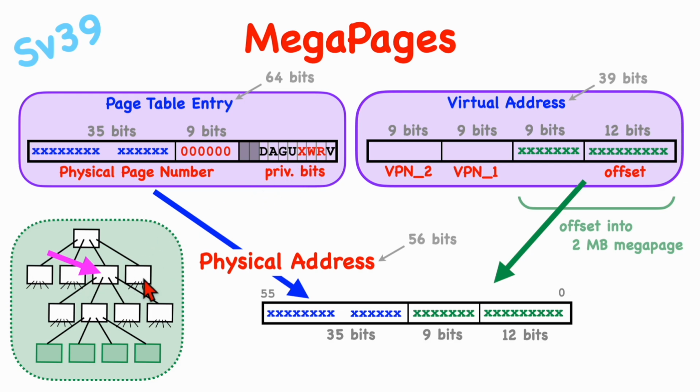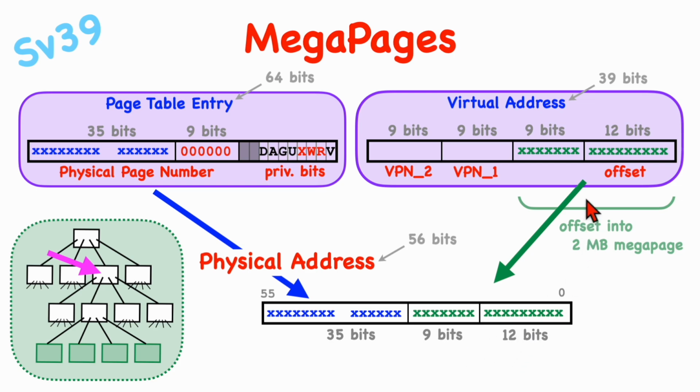And since it was found here at the second to the bottom level, it means that we've got a mega page. The page table entry had better contain 9 0 bits in the lower portion of the physical page number. Subtracting 9 from 44 gives 35 bits remaining. And these 35 bits will be used to form the upper part of the physical address. The MMU then goes to the virtual address to get the offset into the mega page, and it copies it into the lower portion of the physical address.